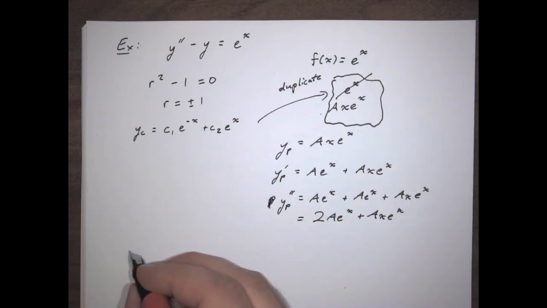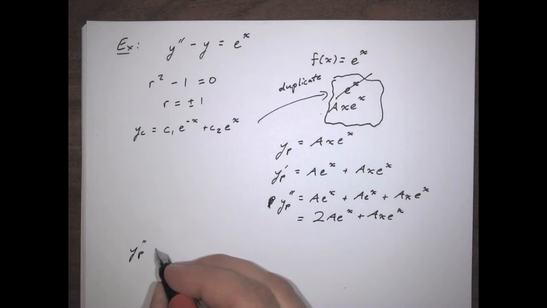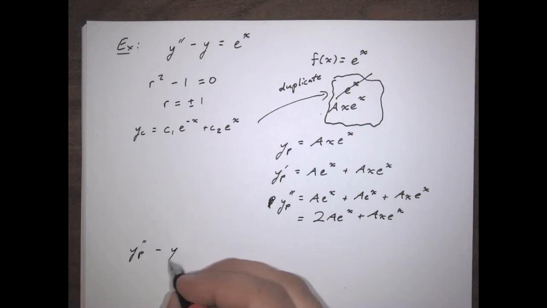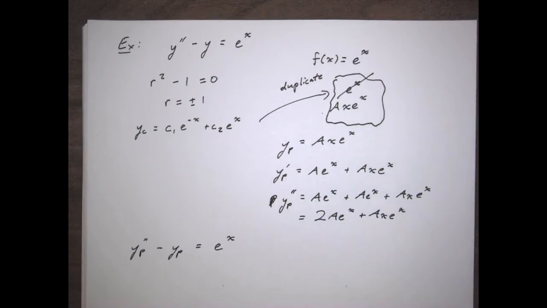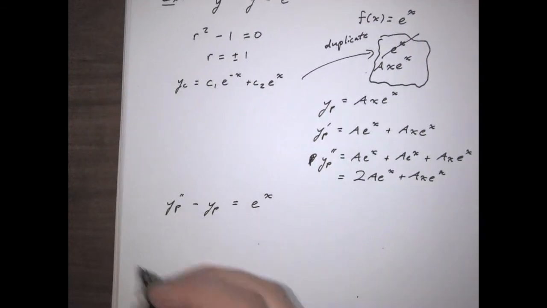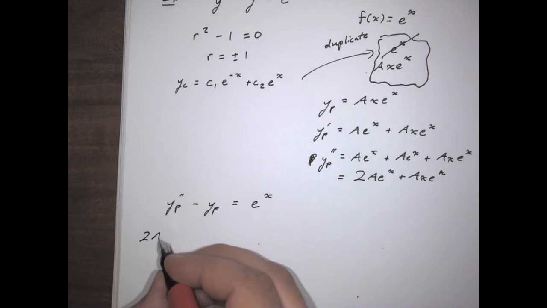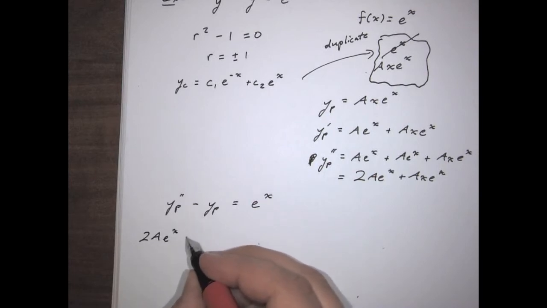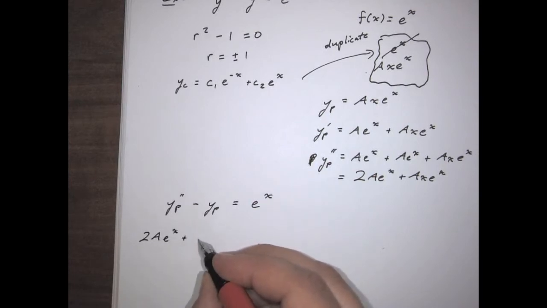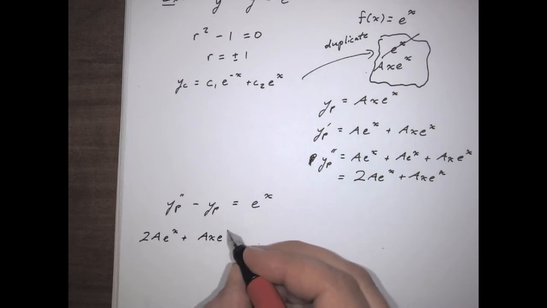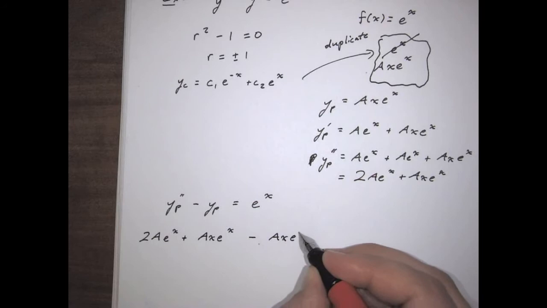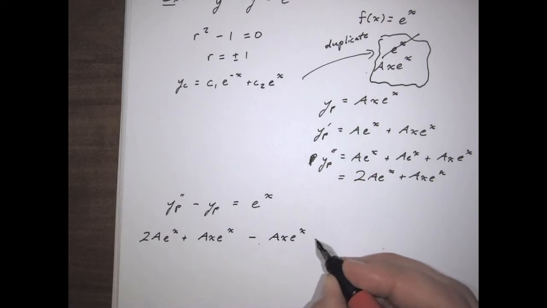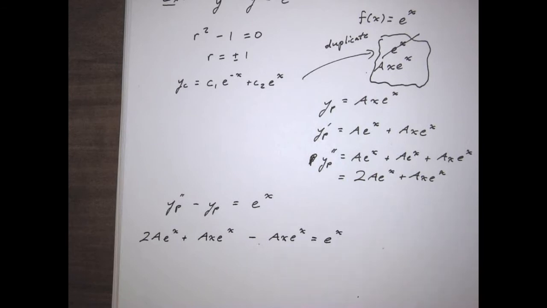So then, y particular double prime minus y particular is supposed to equal e to the x. So that means 2a e to the x plus a x e to the x minus a x e to the x is supposed to come out equaling e to the x.